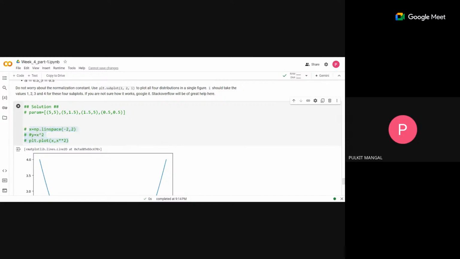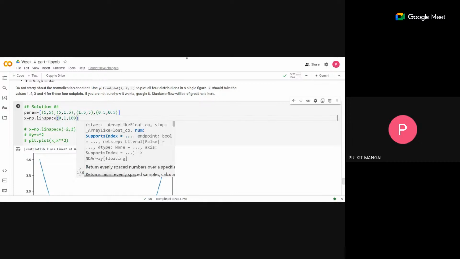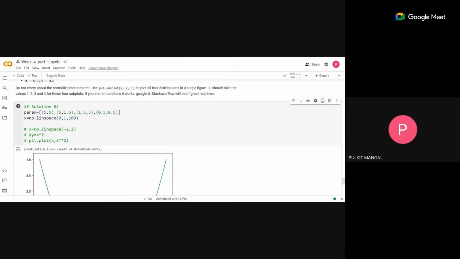We will use this to plot, but first of all we will be plotting between 0 and 1 only. So x equal to np.linspace between 0 and 1, but now I will take 100 equally distributed points.